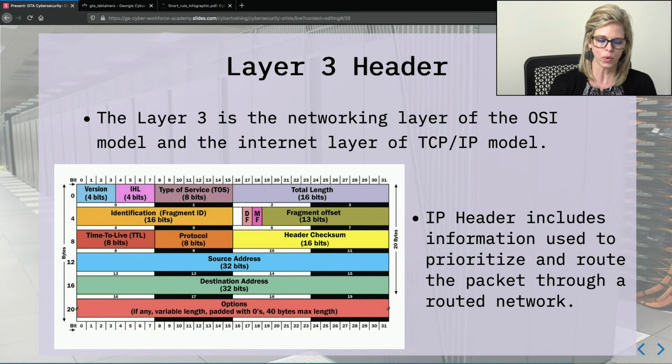Why this is important is there's different information that can come from this TTL, and there's a lot of OS fingerprinting that can be done by looking into this time to live value, as well as the protocol field. The protocol field is actually telling us the upper layer protocol to expect as part of this layer 3 header.